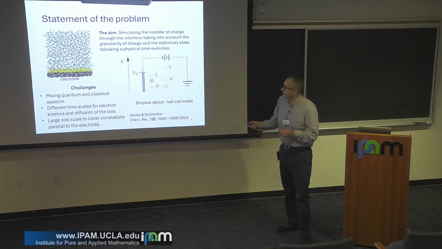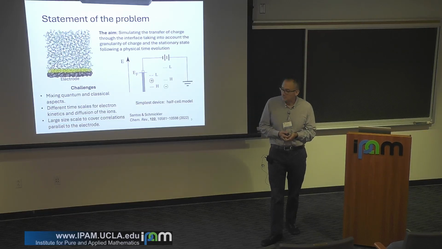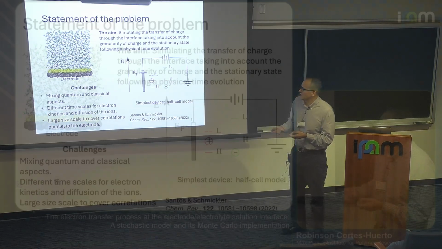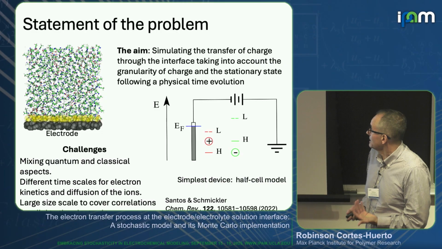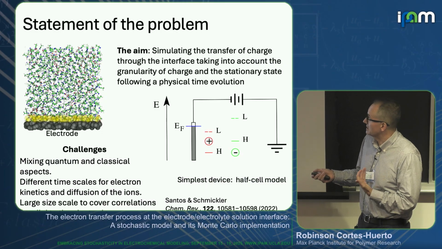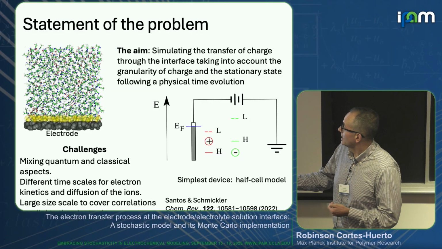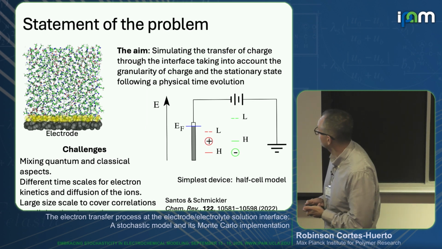So this is the problem that you have seen already several times in this workshop. You have an electrode, you have an electrolyte, and our aim here is to simulate the charge transfer that happens between the electrode and the cations close to the interface, in this active layer.